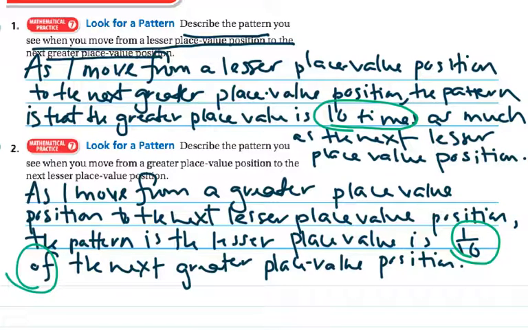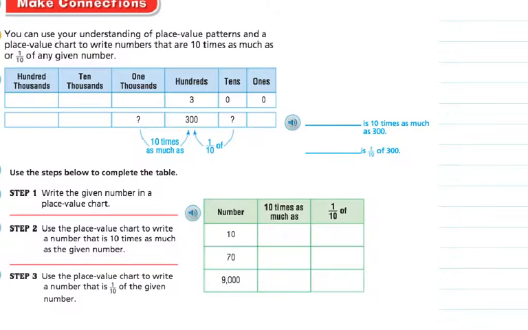So what that means, students, is that it is less than the next. Because we're going from a greater to a smaller, it is decreasing. It's not as large. So now we're going to move on to then make connections.